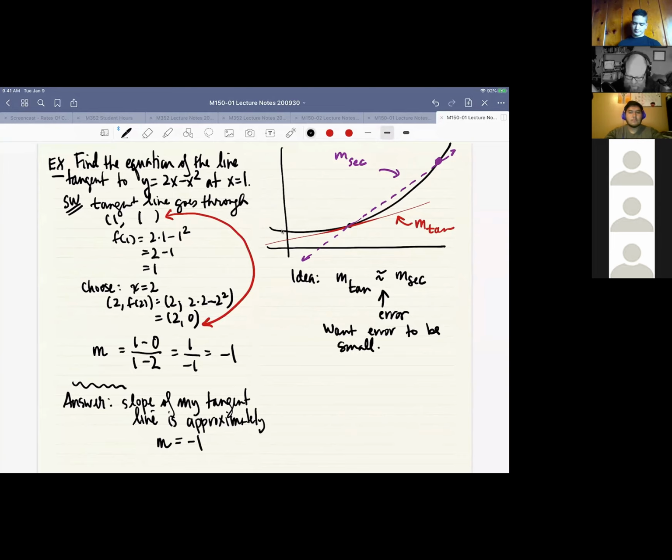Okay. So in my picture here, let's use green.